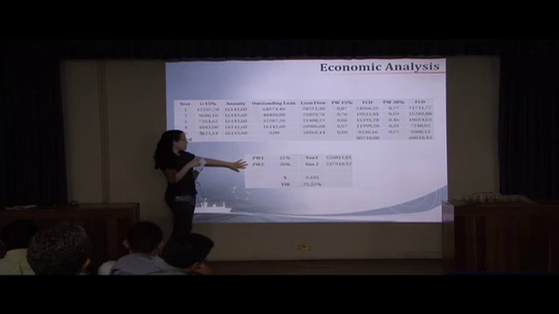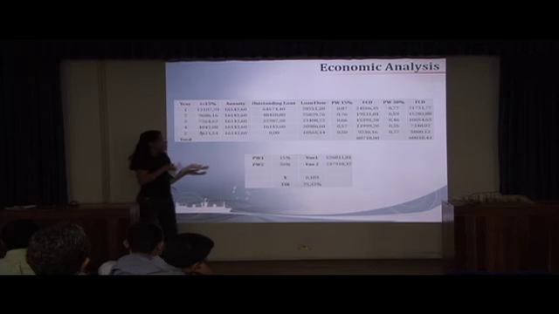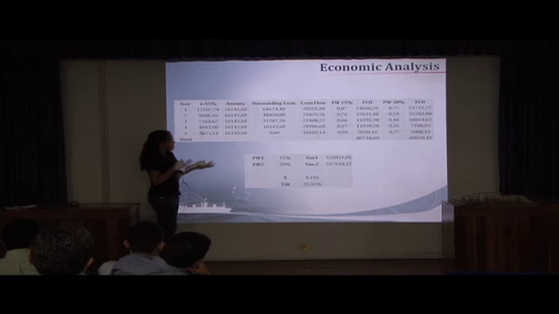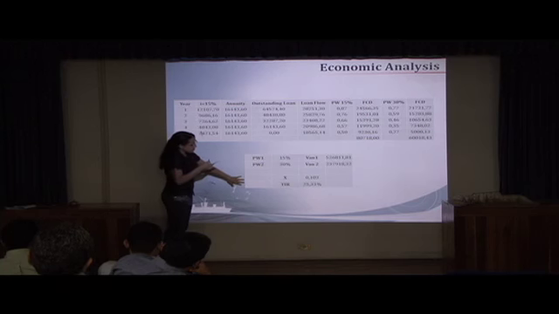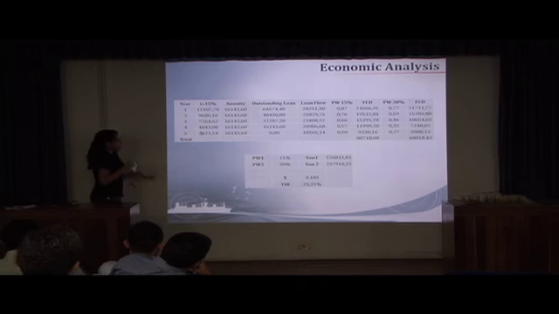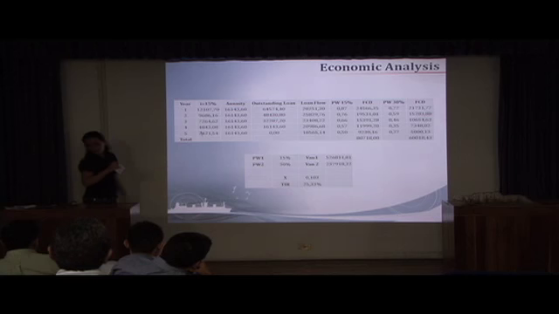When the VIN is larger than 0, and I can see in this case it's larger than 0, I can say the project is reliable. So the VIN measures the reliability of the project. The TIR is the discount rate of an investment project. So in this case, we can conclude the project is reliable.